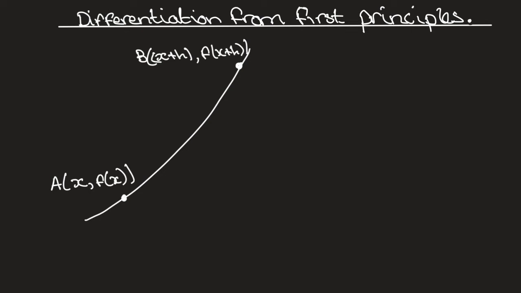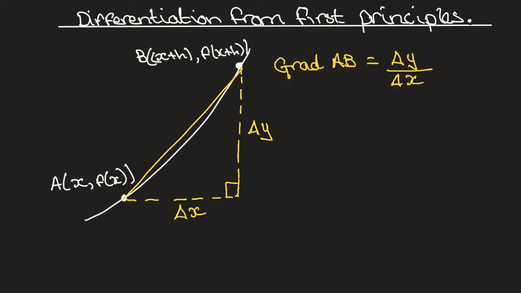We can join these 2 points up with a chord. Because this chord is a straight line, we can find its gradient. The gradient being the change in y over the change in x. So the gradient of AB is the change in y over the change in x.